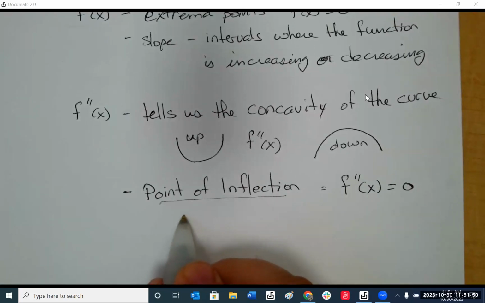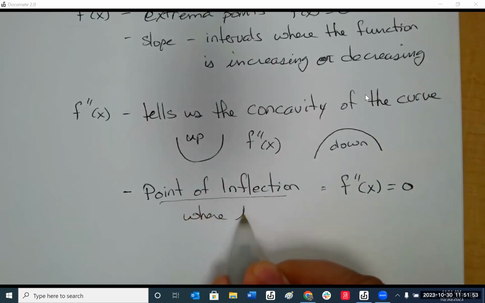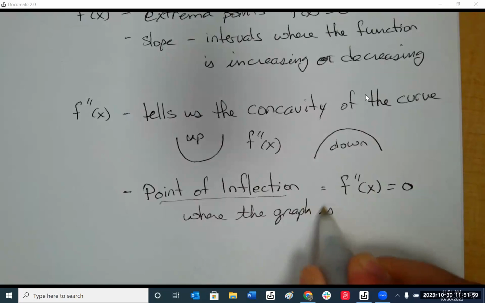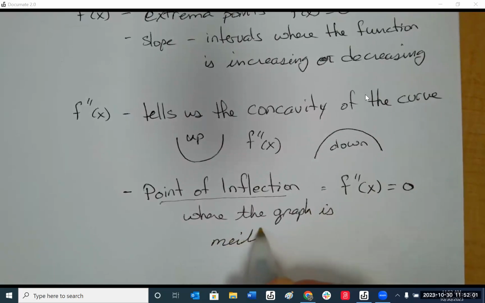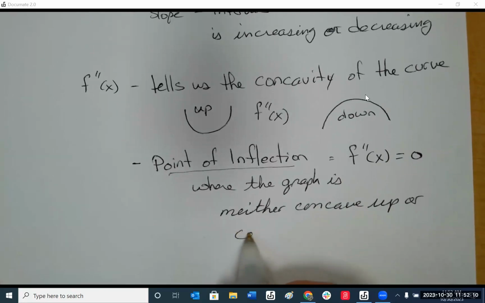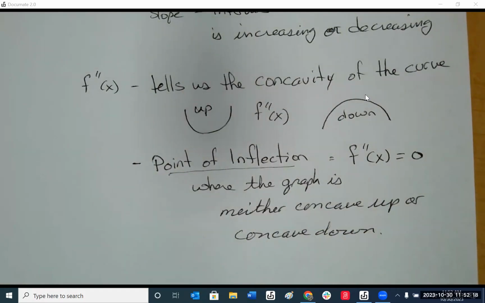Point of inflection is where the graph is neither concave up nor concave down. It's a transition point between concave up and concave down.